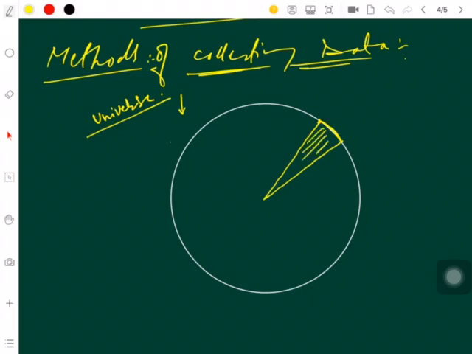Okay, so that means I am not taking the whole universe into consideration. If I had taken the whole universe, it would have been the census method.